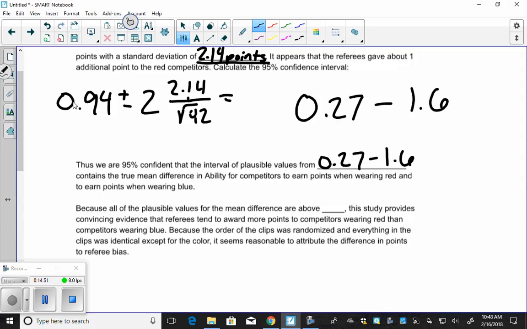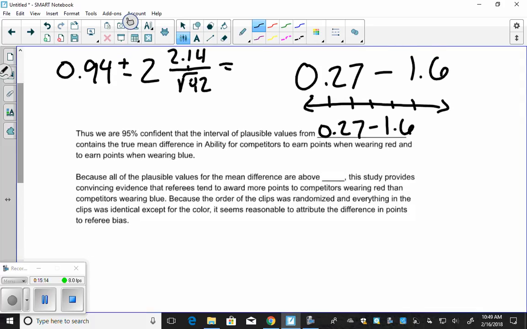Okay? So we put the smaller number first, because think of it as a number line. If you're reading from left to right, what number would come first, 0.27 or 1.6? 0.27. So you write 0.27 first. Basically, this means the true mean difference should fall within this confidence interval.